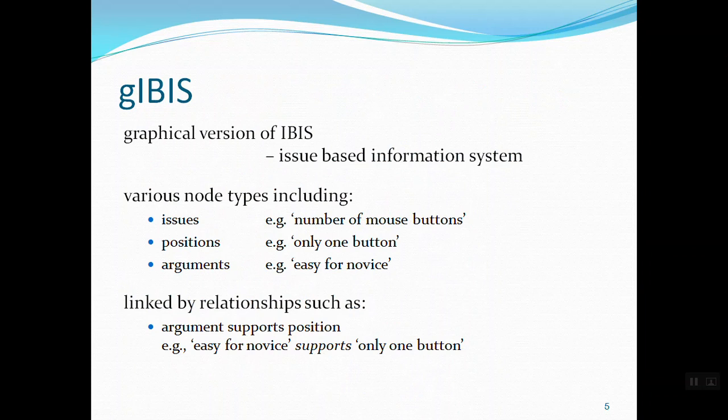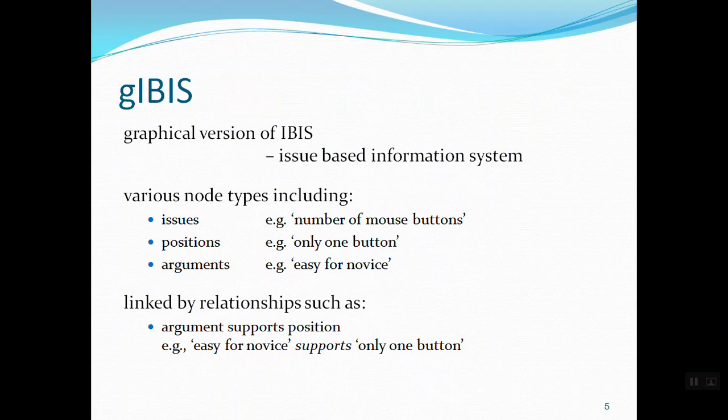There is something called the issue-based information system, IBIS. Issue-based information systems help us to arrive at a common understanding. Issues, positions, and arguments are the various elements of an issue-based information system.